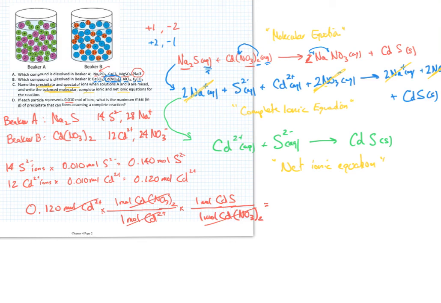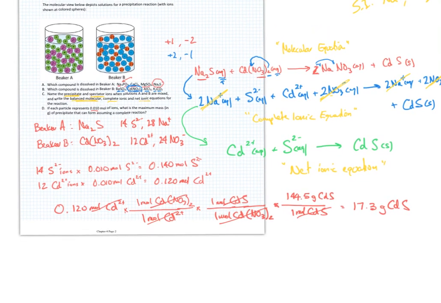All right, and we have one more step. It's actually asking for the mass in grams, so I need the molar mass of this, which I've already calculated, 144.5 grams cadmium sulfide for every 1 mole of cadmium sulfide. So that's going to cancel that, and that is going to equal 17.3 grams cadmium sulfide.